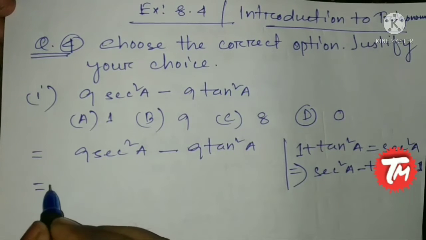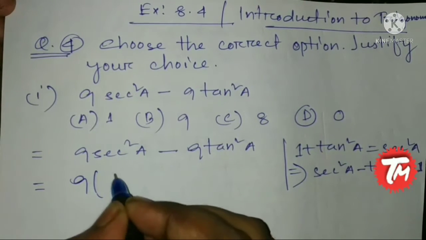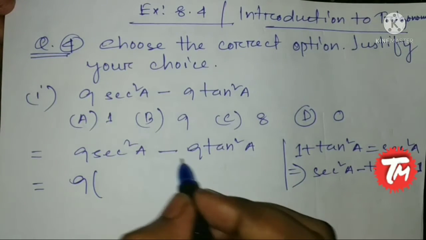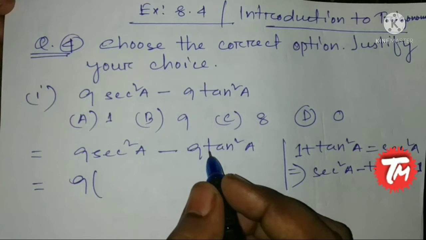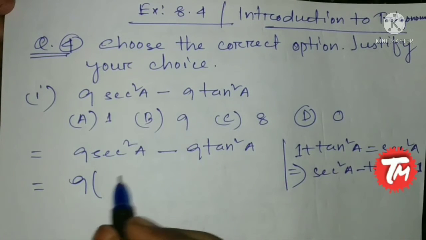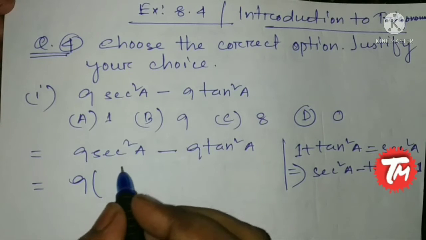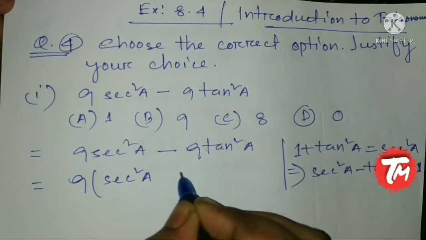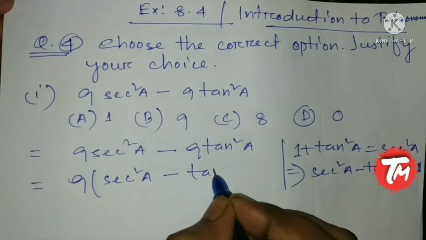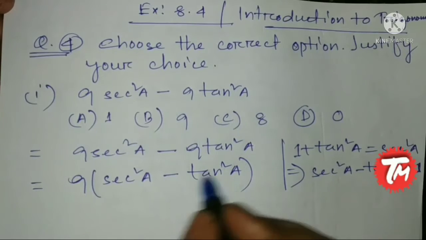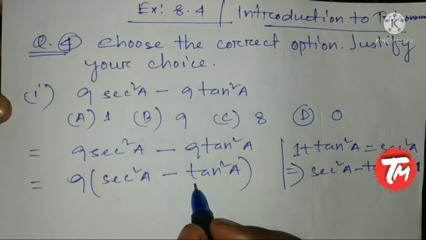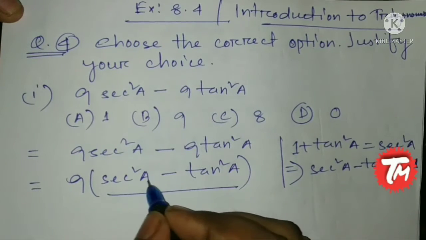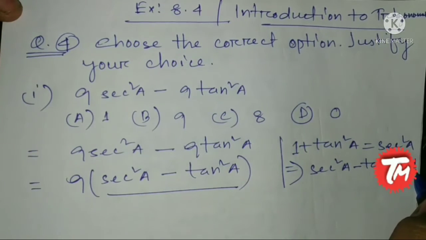So now look here: 9 sec square A minus 9 tan square A. That means 9 is the common number here. So that is why we can take 9 common. Now in the bracket we can write sec square A minus tan square A. So the value of sec square A minus tan square A is how much? 1.